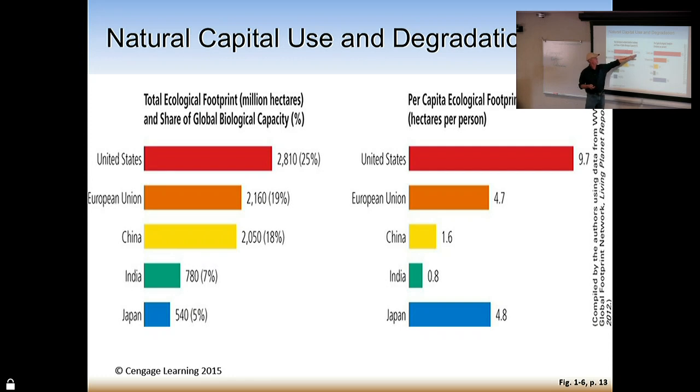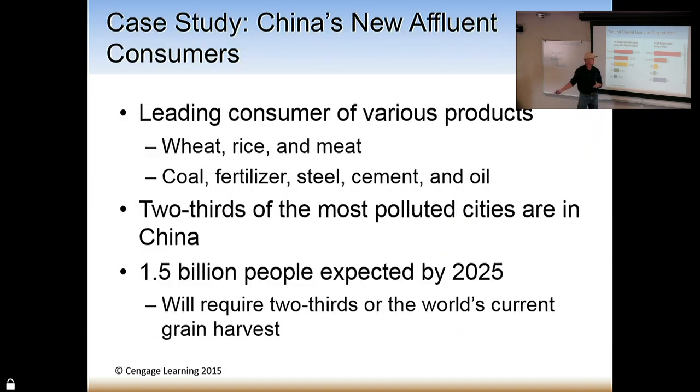We use 25% of the world's natural resources, and in population, we're only 5%. That's an interesting way to look at it as well. 5% of the population is using 25% of the world's resources, which begs the question, if we're using a large percentage of these resources, well, surely we can do a lot to do better, just in our own personal behaviors, okay? And teaching others to be better.